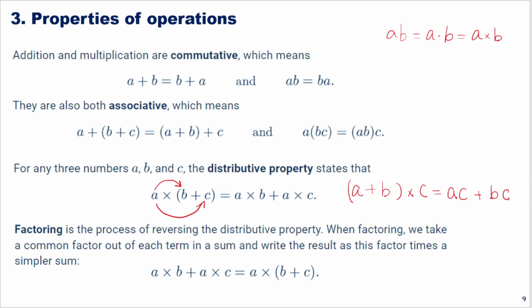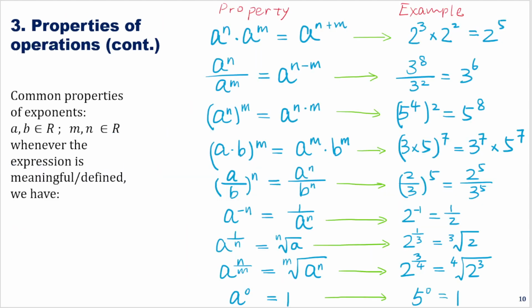Okay, and there are some properties of operations for the exponents as well. Common properties of exponents are listed as follows. So for example, we have two numbers a and b that belong to the real number set, and two other numbers m and n that also belong to the real number set. Whenever the expression is meaningful or defined, by meaningful or defined, I mean, of course, you could not use a negative number under the square root symbol.